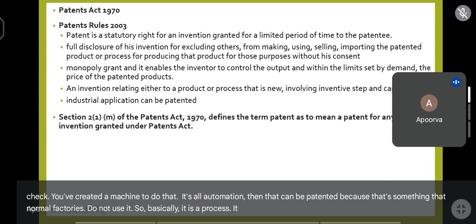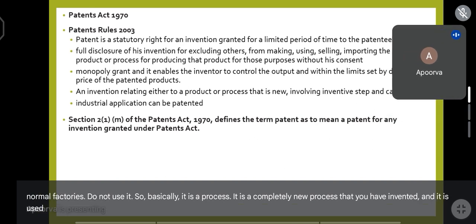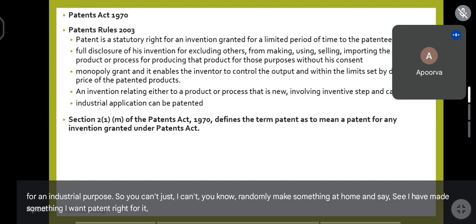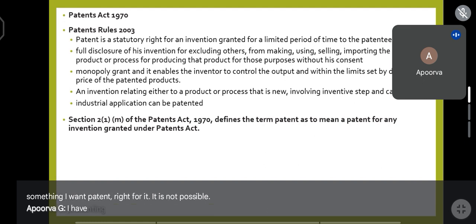It is a completely new process that you have invented, and it is used for an industrial purpose. I can't randomly make something at home and say, see, I have made something, I want patent right for it. It is not possible. I have to use it in an industrial setup. That's when the patent is given importance.